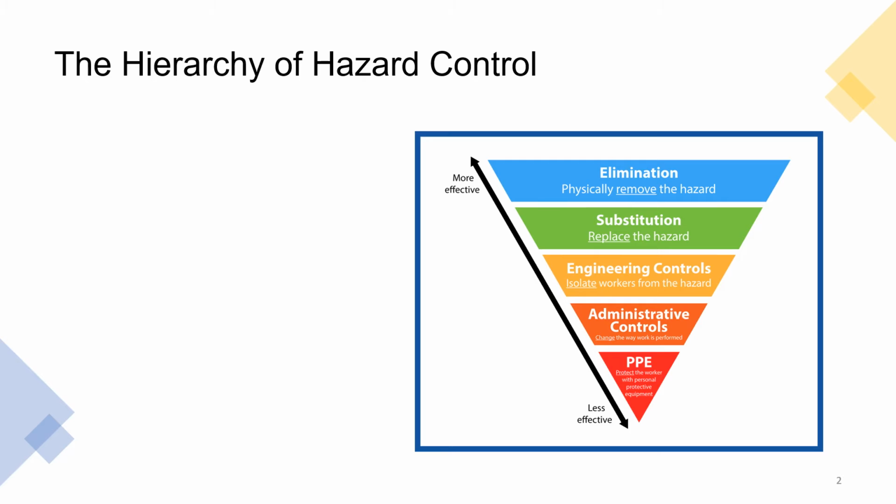The third one is going to be the one that we're all really familiar with, which is the engineering controls. This is where we isolate the workers from the hazard. And engineering controls come in the form of things like barriers. If you're going to have a light curtain, think about machine guarding. There's just a lot of ways to physically isolate the workers from the hazard.